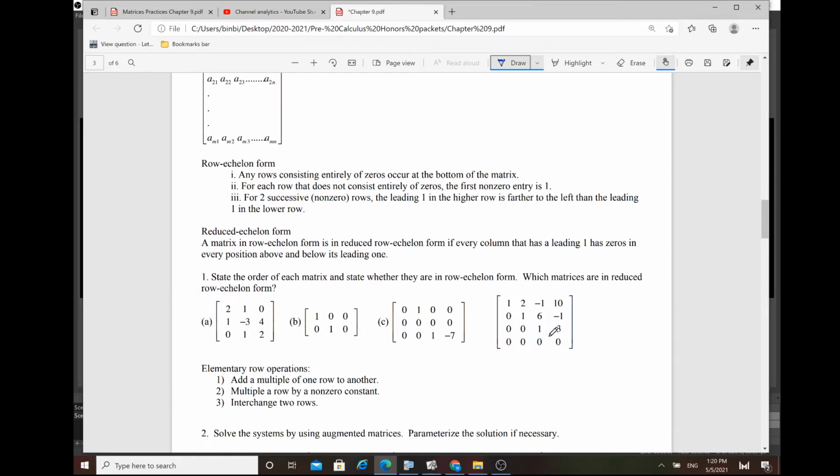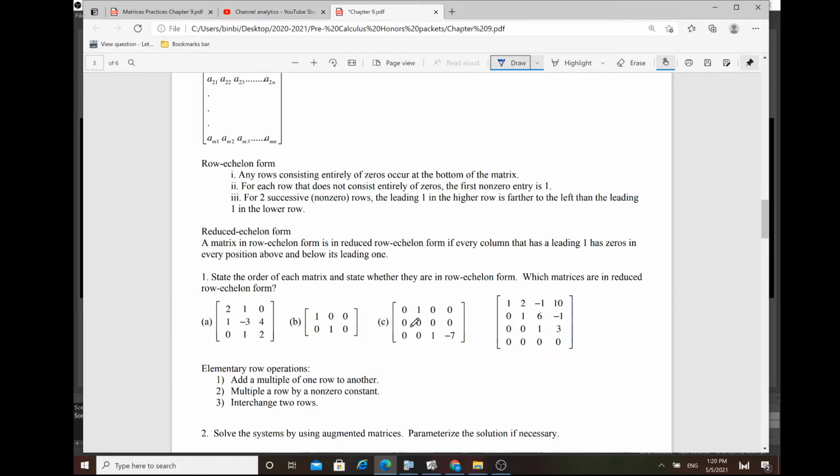Now what about the reduced row echelon form? A matrix in row echelon form is in reduced row echelon form if every column that has a leading 1 has zeros in every position above and below its leading 1. As you can see here, the 1 has all zeros above and below it.